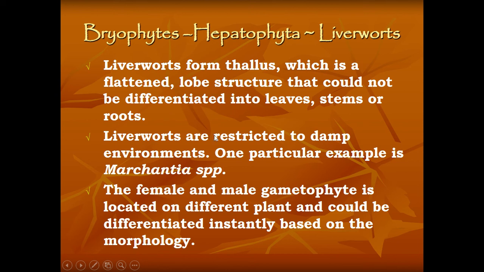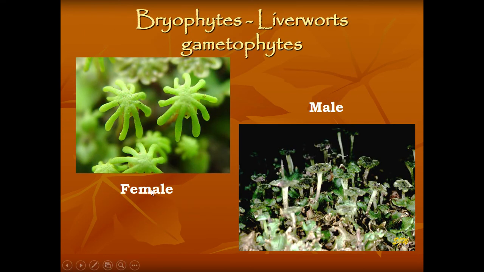This type of phylum is very restricted to damp environments, and one example of liverworts is the Marchantia species, in which the female and male gametophytes are located on different plants. Same with the mosses, they can be differentiated instantly based on morphology. So this is how the female liverwort looks, and this is how the male liverwort looks.